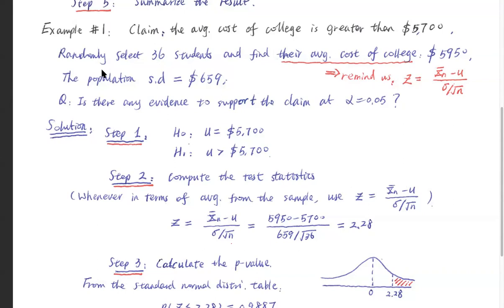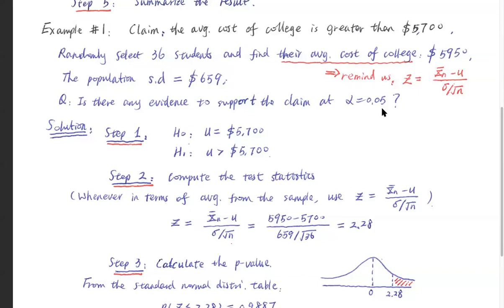They randomly select 36 students and find their average cost of college, 5,950. The population standard deviation is given as 659. Question: is there any evidence to support the claim, at alpha equal to 5%?